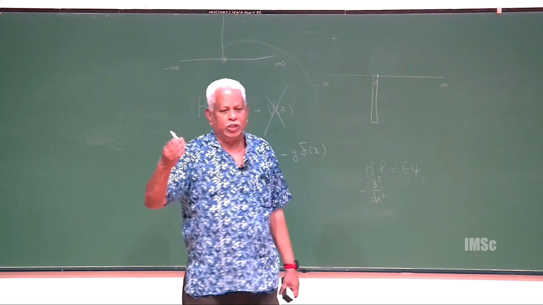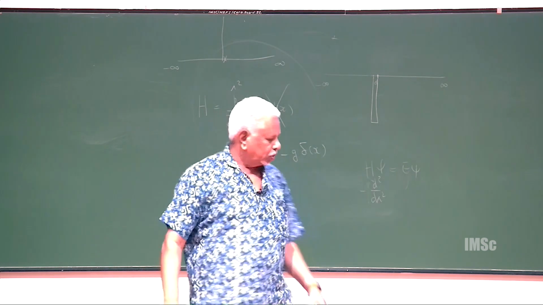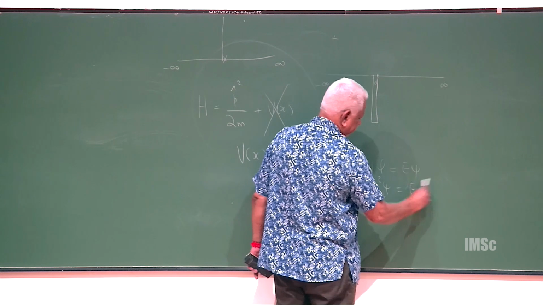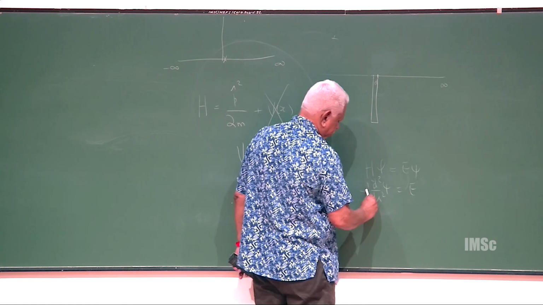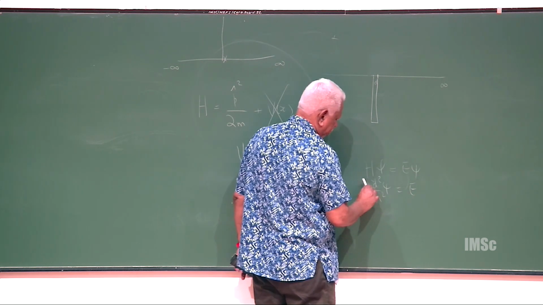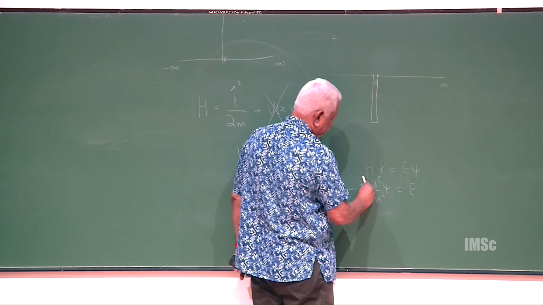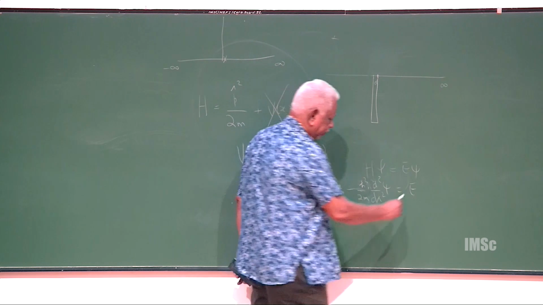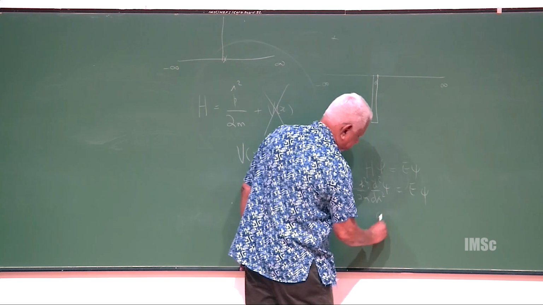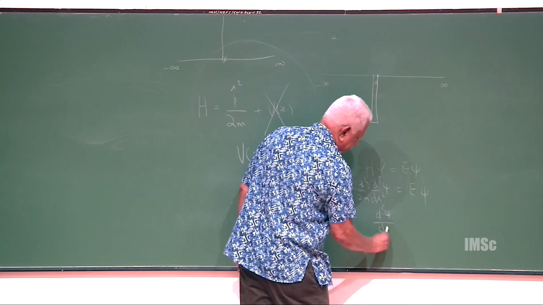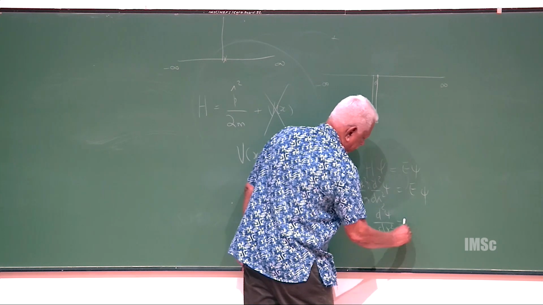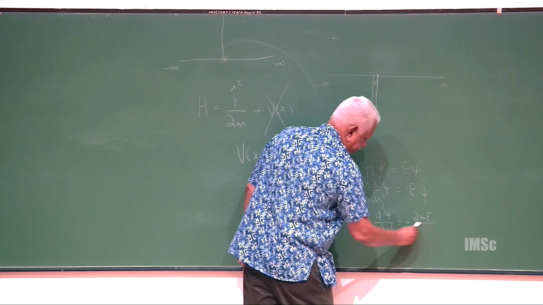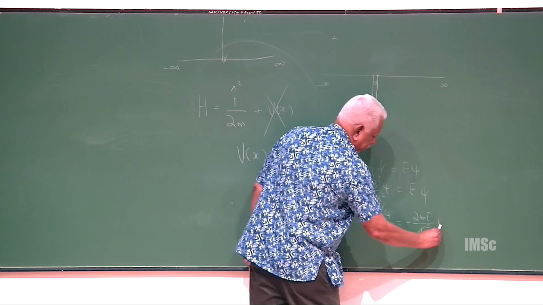So you want to find the solution for this: minus h bar square by 2m d square psi by dx square equals E psi, or d square psi by dx square is minus 2mE by h bar square psi.